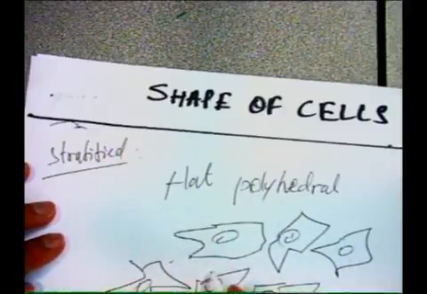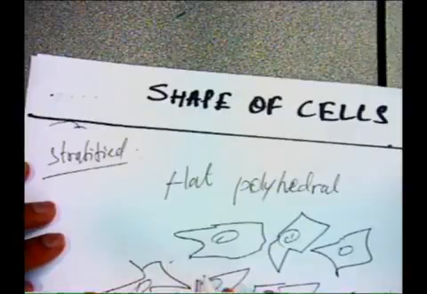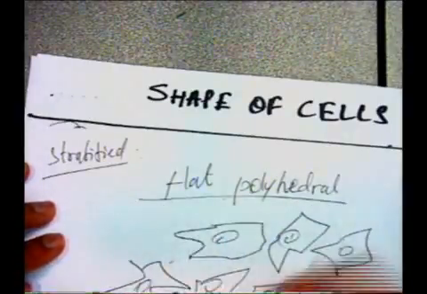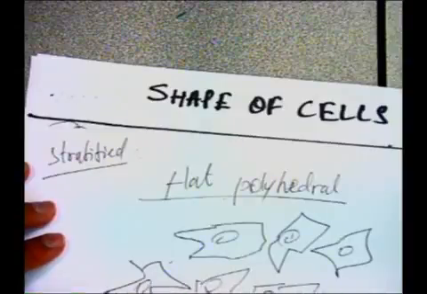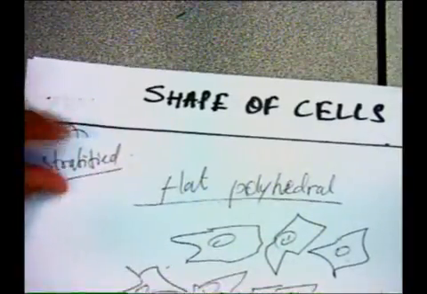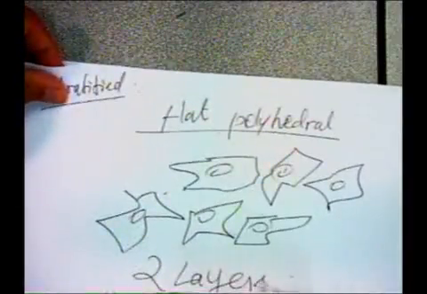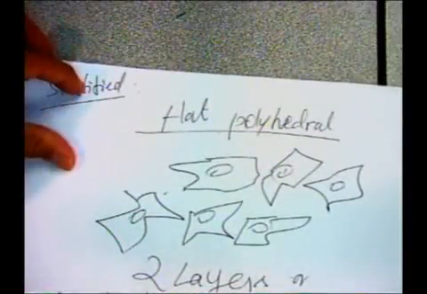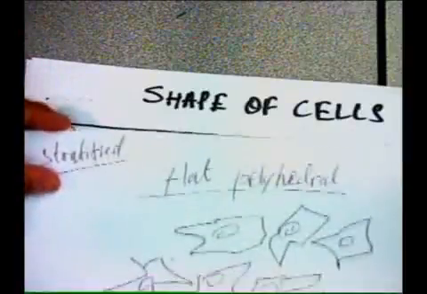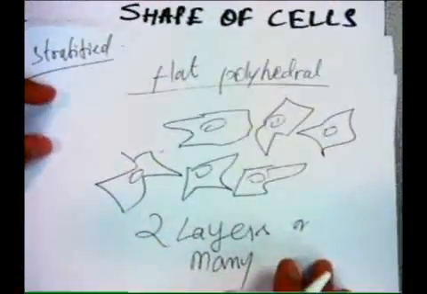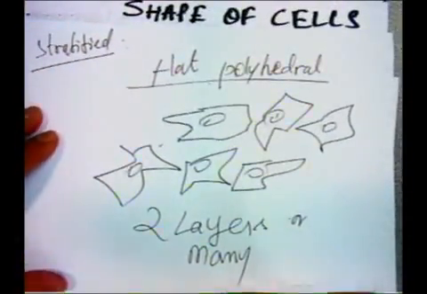Number of layers: the previous one, the simple squamous, has only one layer. But the stratified one, with flat and polyhedral cells, has many layers, 2 layers or many layers.